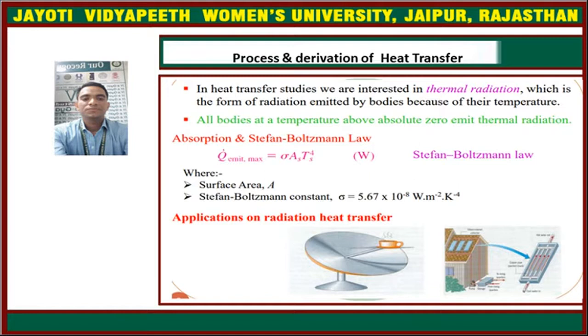The Stefan-Boltzmann law is Q emit maximum = σAT^4, where A is the surface area and the Stefan-Boltzmann constant is σ = 5.67 × 10^-8 W/m²K⁴.